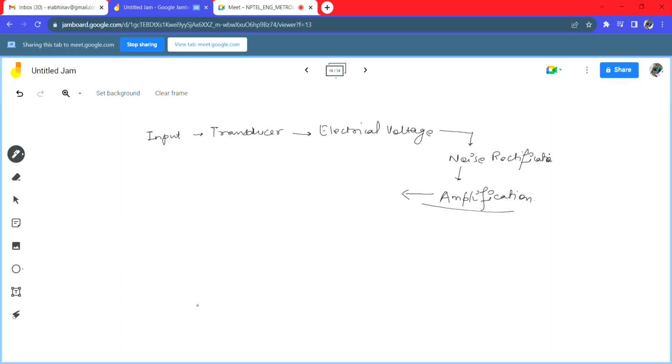Okay, so now let us take up an example of a transducer system. So essentially what we have seen is that a transducer is a device that converts energy from one form to the other suitable form.